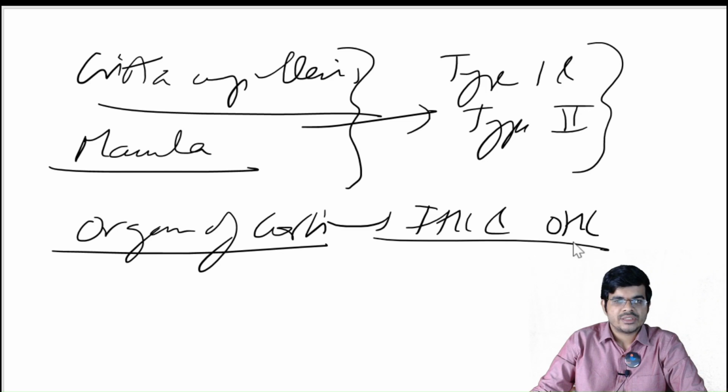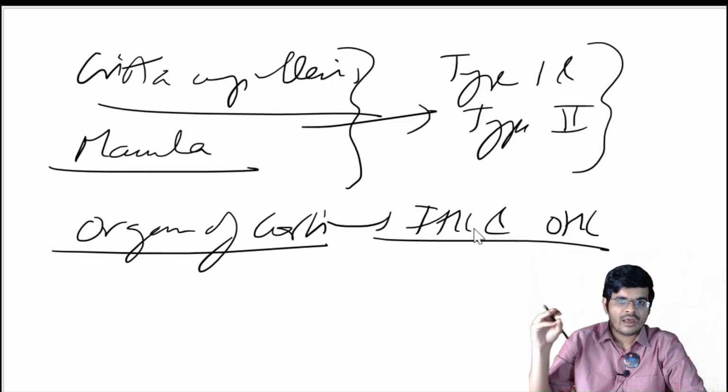And what happens? Similar to type 1 and type 2 cells, where you have the stereocilia moving towards the kinocilia, such movement occurs. The difference is that this movement occurs during angular acceleration and linear acceleration in case of crista ampullaris and macula respectively, whereas here the movement is caused by hearing.